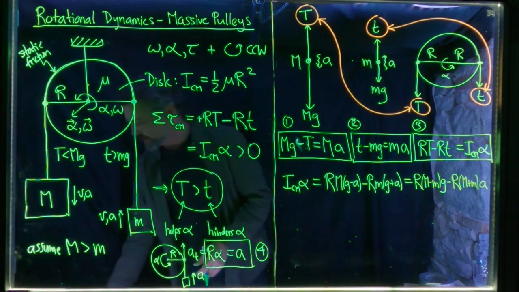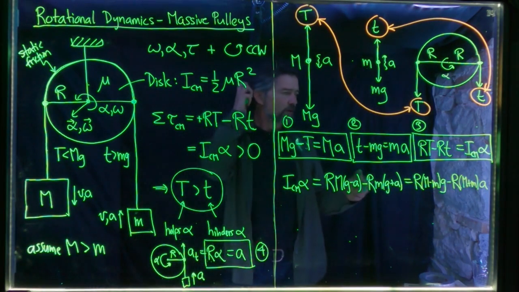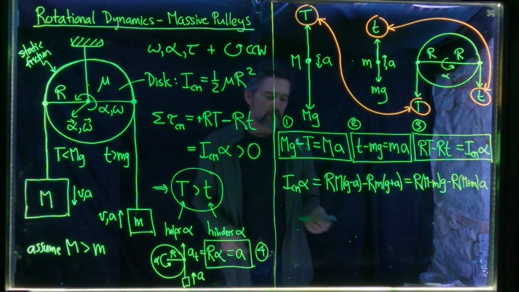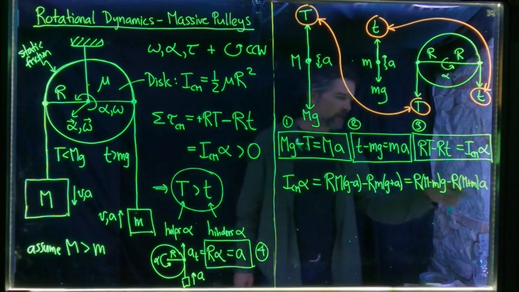Yeah, okay. So I've used all 3 equations, and I've got an alpha on the left-hand side and an A on the right-hand side.